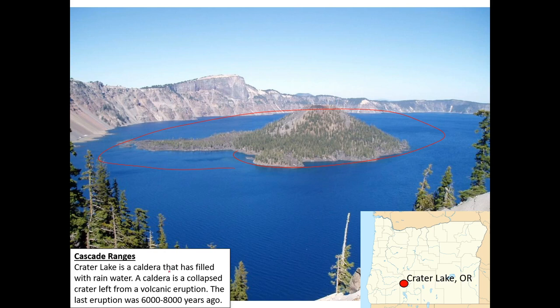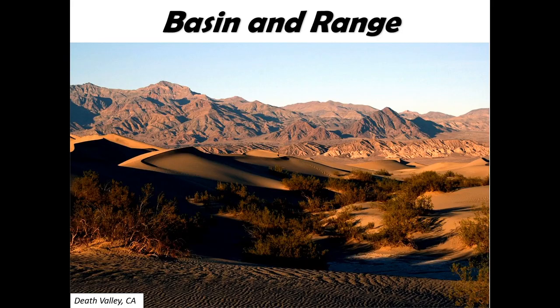Okay, it's a crater that has collapsed, and there's a crater left from the volcanic eruption 6,000 to 8,000 years ago. And you see this little island in the middle, which is called Wizard Island, is actually the resurgence, the repopping up of that vent as it bulges forth with new magma. And someday it'll erupt again, but we don't know when. So probably no time soon.